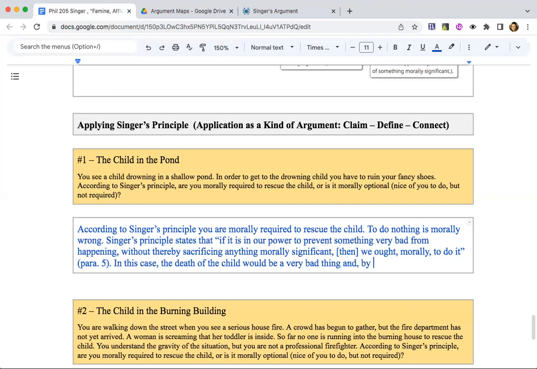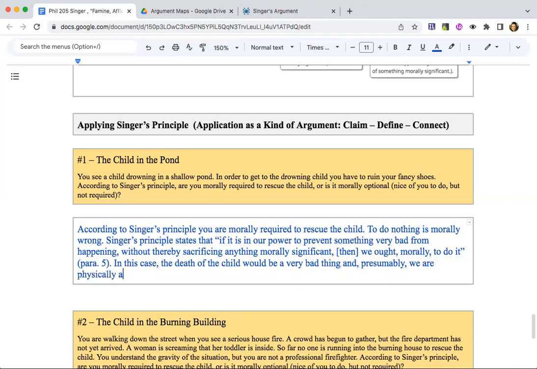And by assumption, presumably, it doesn't say that, but, so let's say, and presumably, so that's two criteria. The death of the child would be bad, and presumably we're physically able to rescue the child.